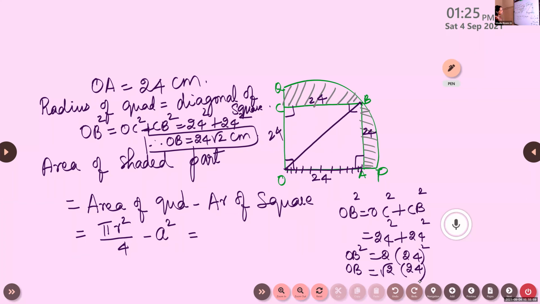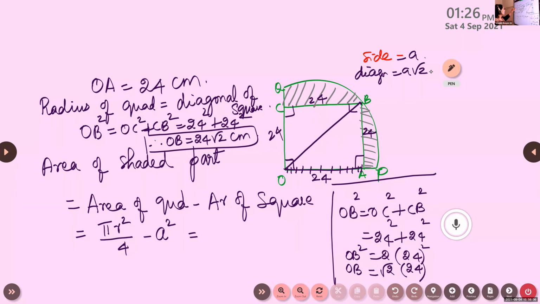Is it clear? Instead of writing the steps, if the side of the square is A, the diagonal will be A root 2. Note this down. For 1 mark questions, no need to write all these steps elaborately. If you learn these concepts, you can do it easily.